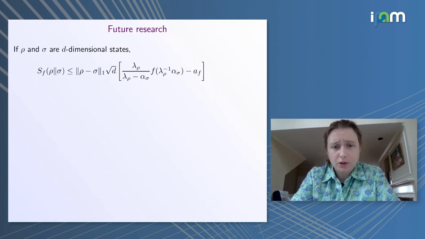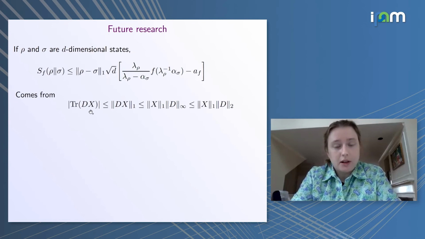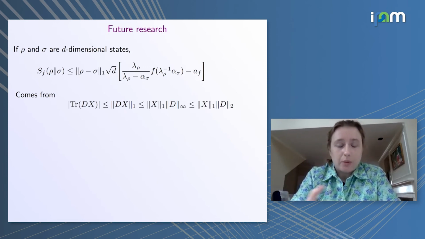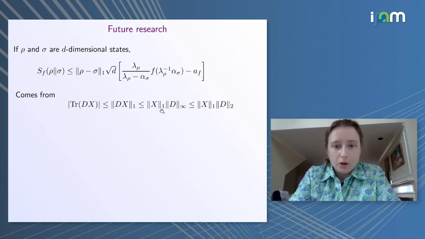So the interesting question is, you can easily get the upper bound that depends on dimension because the absolute value of the trace of the product is upper bounded by the trace norm of the product, which is upper bounded by trace norm of X times the infinity norm of D, or 2 norm of D, whatever.